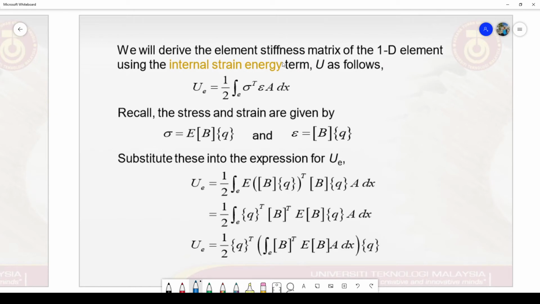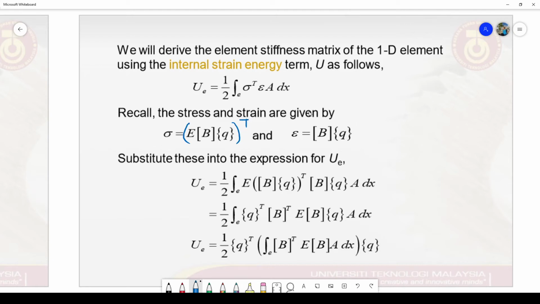Then in order to obtain the element stiffness matrix from the potential energy equation, we only need to concentrate on the internal strain energy, which is given by half the integration of sigma transpose epsilon A dx. We know that the normal stress is given by E B Q, and all of these we have to transpose.